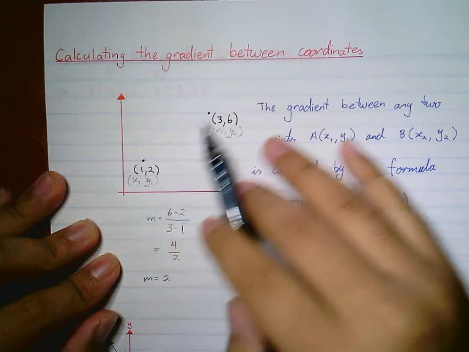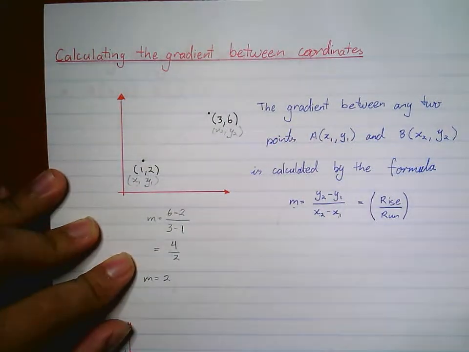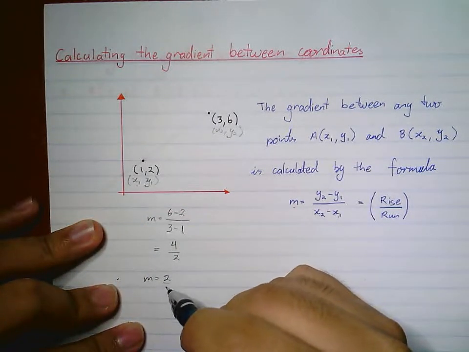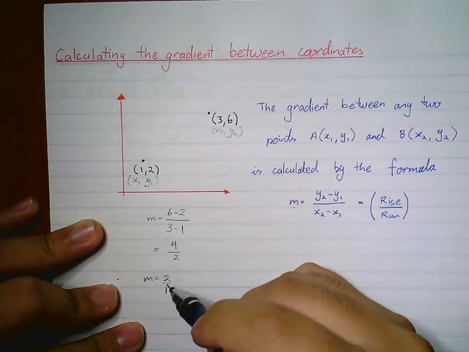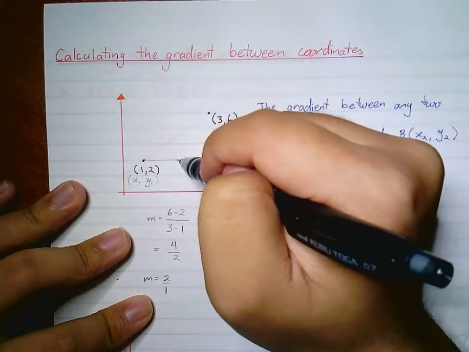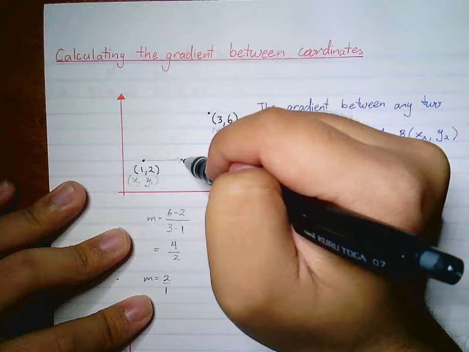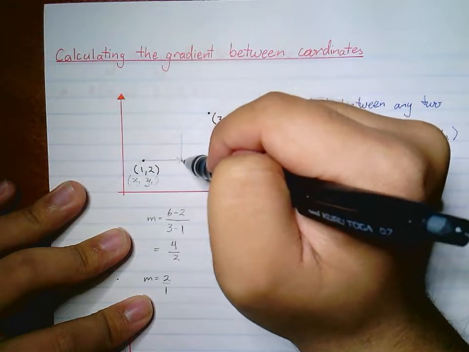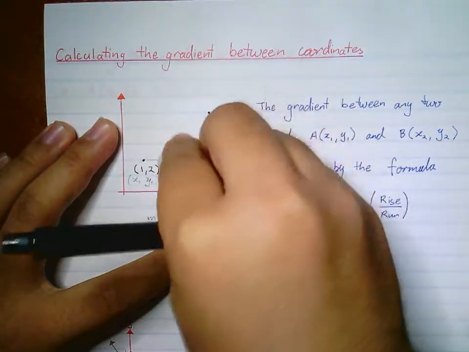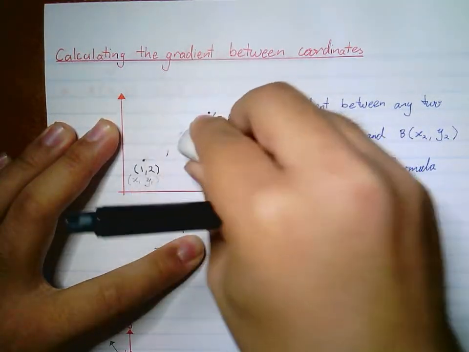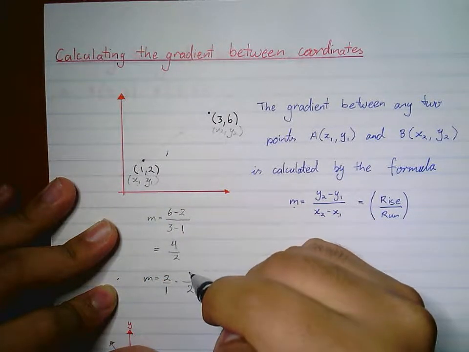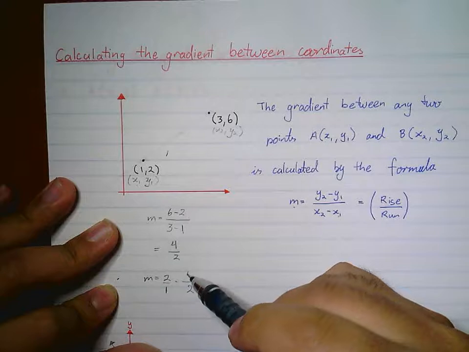And in case you're wondering what it means, it means it has risen 2 units for every 1 unit it goes across. So if it goes 1 across this way, it would have risen twice upwards. Or alternatively, if it goes across twice, it would have risen 4 times.